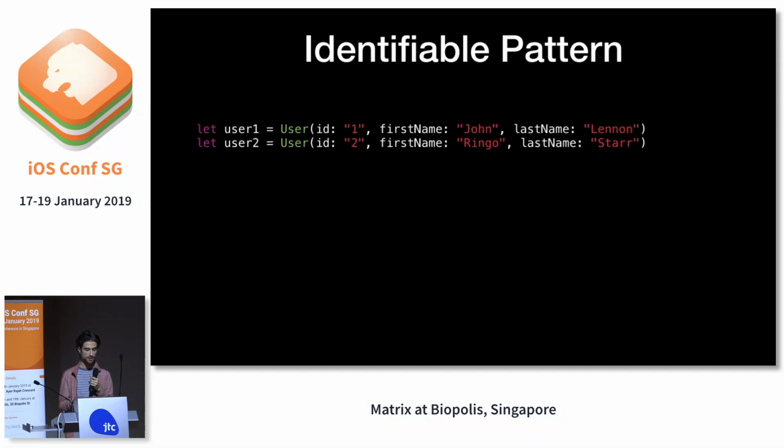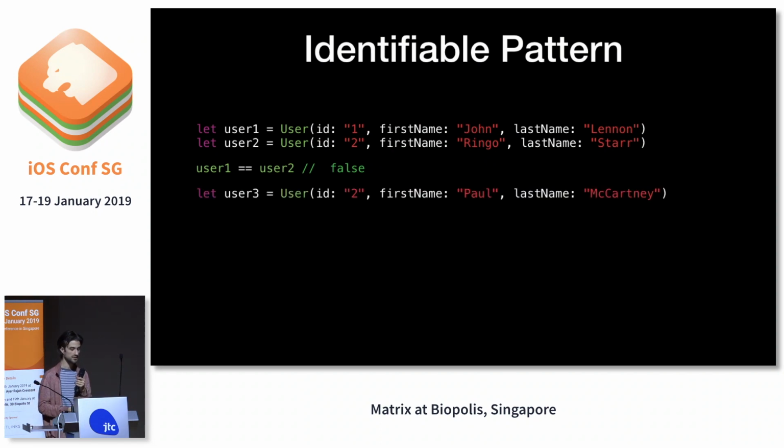Now if I build two users in my code and I try to compare them, it's going to tell me that user 1 is not equal to user 2, and that makes sense because they have different IDs. But if I build a third user and it has the same ID as user 2, and I try to compare the two of them, it's going to tell me that yes, they are the same because they are sharing the same ID.